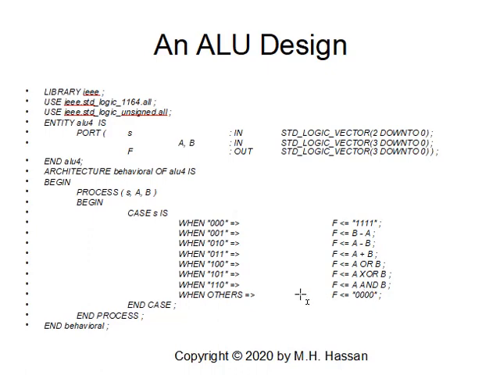So we don't say really 1, 1, 1 because the others is the termination of the case statement. So when others, F will be 0, 0, 0, I will end case. In the process, in behavioral, we have to end the process, the case, the process, and the behavioral, which is the architecture. And we have a complete ALU design.